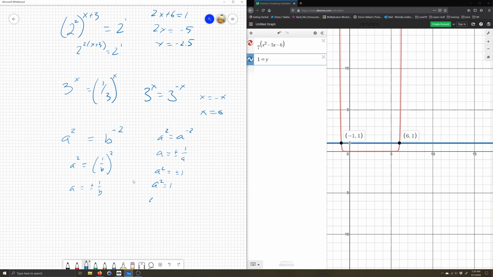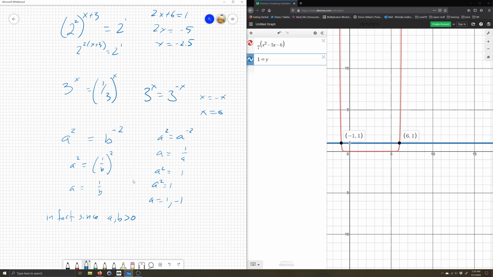And so a here would be 1, or it would be negative 1. In fact, since we know that a and b have to be positive here, we can't have a as negative 1 over b anyway. And so we could just get rid of that plus minus altogether. All right.